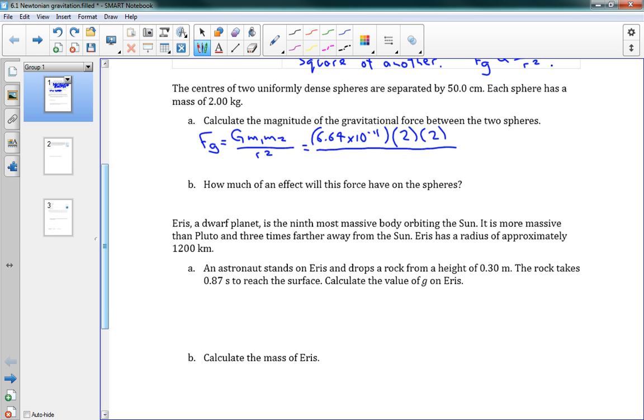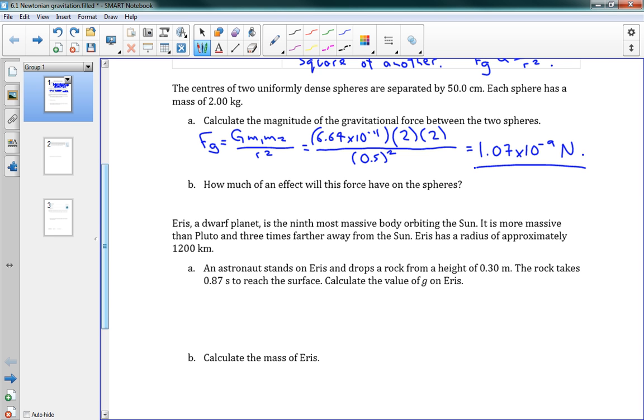Divide this all by their distance, which is 50 centimeters or half of a meter. We square it. And that number comes out to 1.07 times 10 to the negative 9 newtons. You can see that's a very small value.